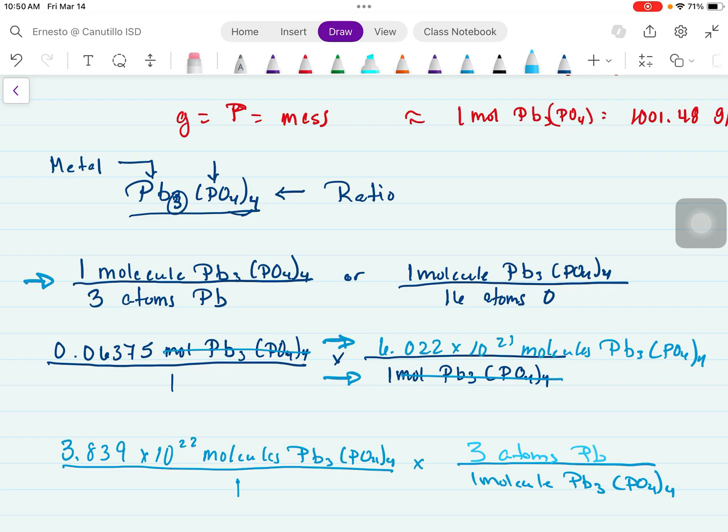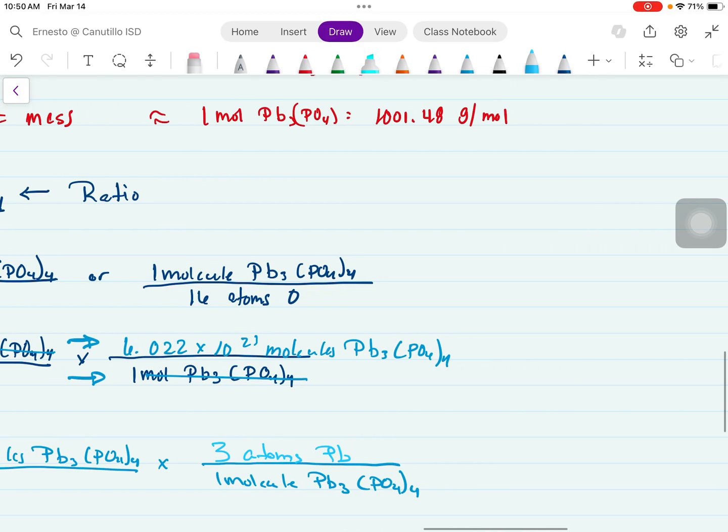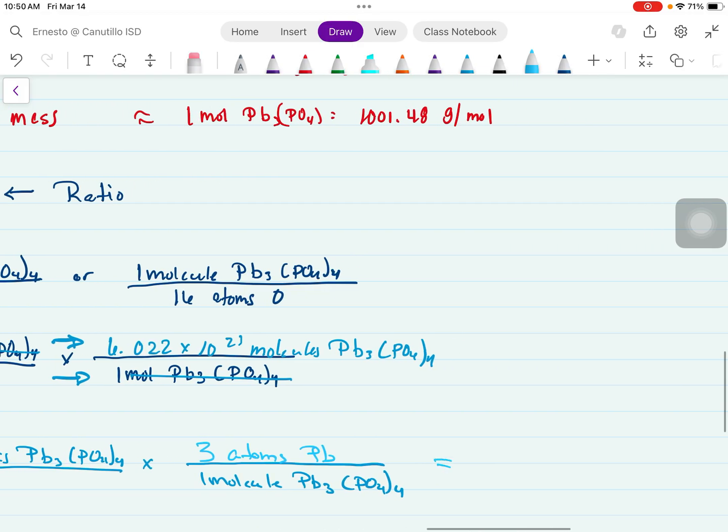So I'm going to take that number and multiply it by 3, and that's going to give me the number of atoms. And there it is.